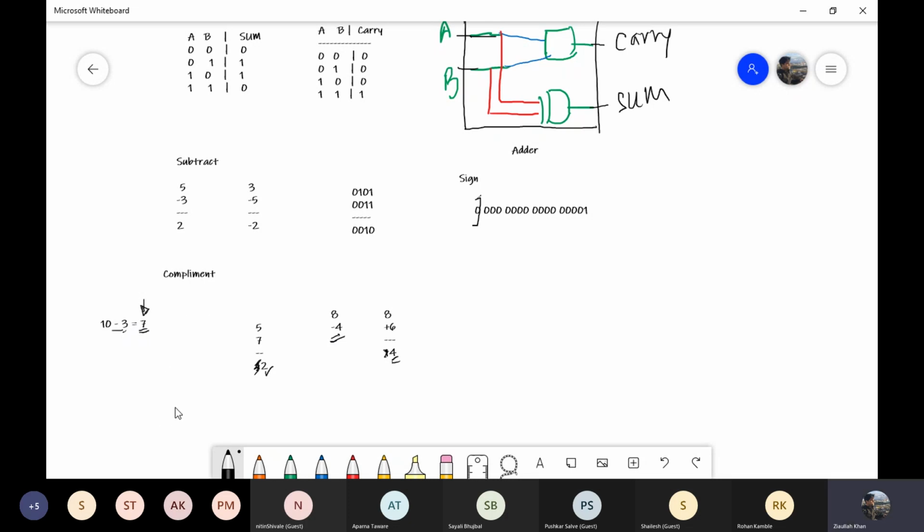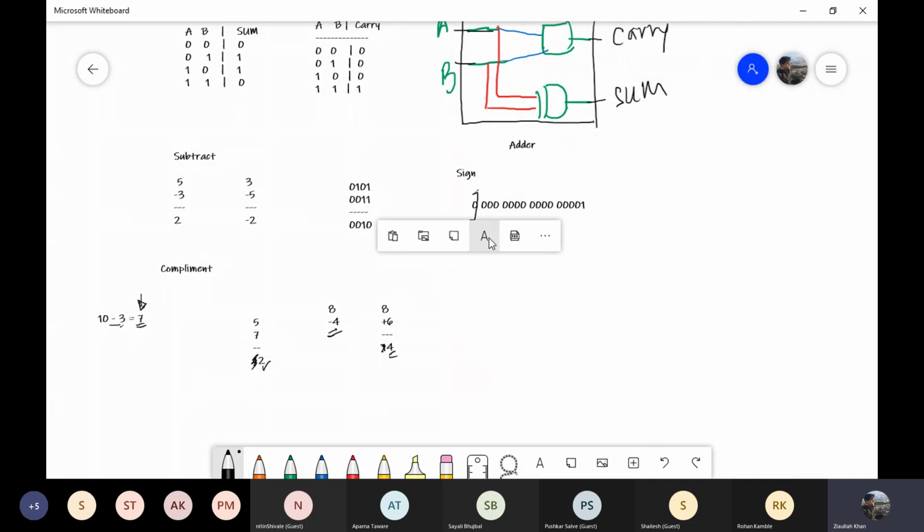Now in decimal, probably it looks a little difficult, but in binary, it is called ones complement. What ones complement suggests is that if you have a 4-digit binary number, you will have to flip all the bits. So you change all the zeros to ones and all the ones to zeros.